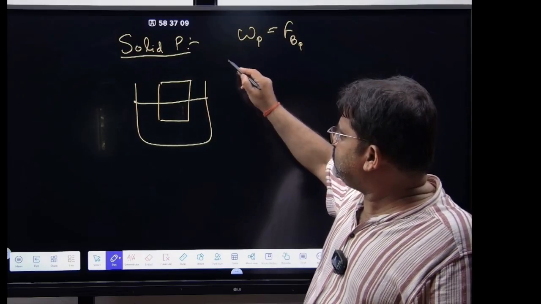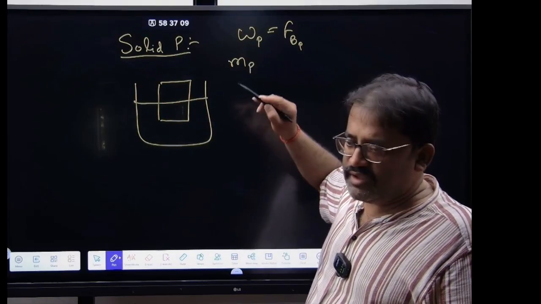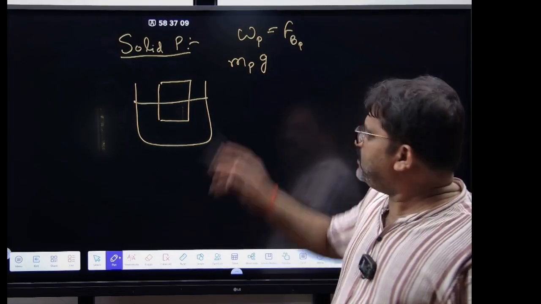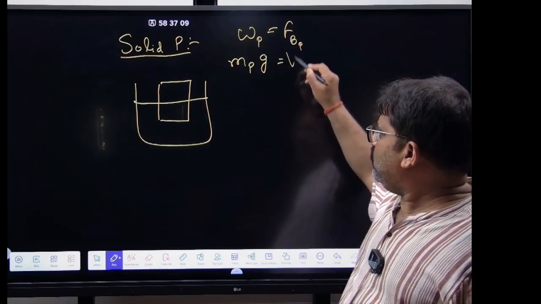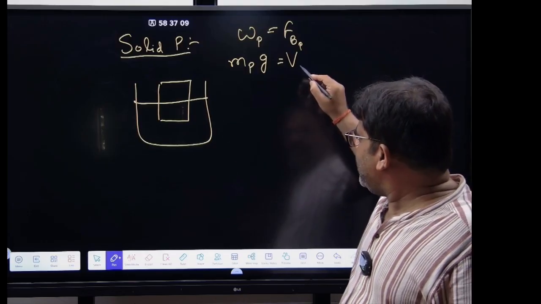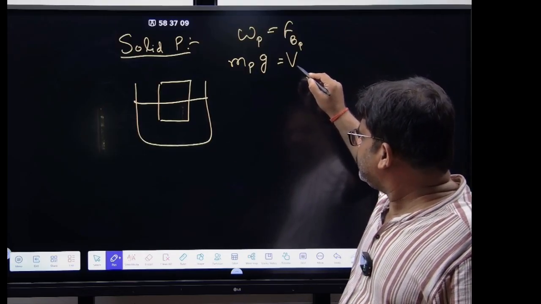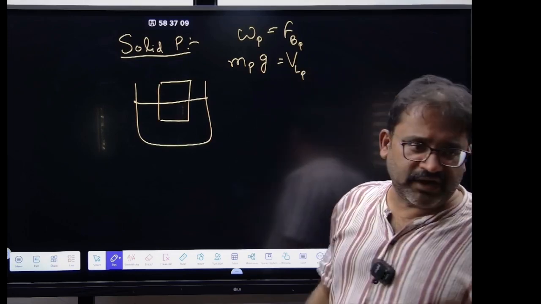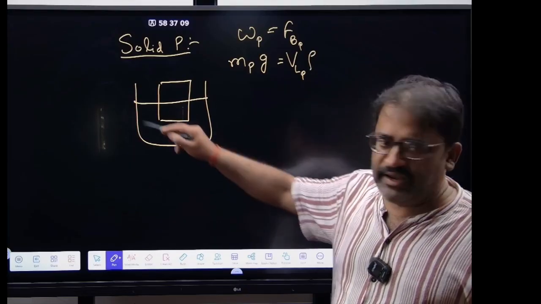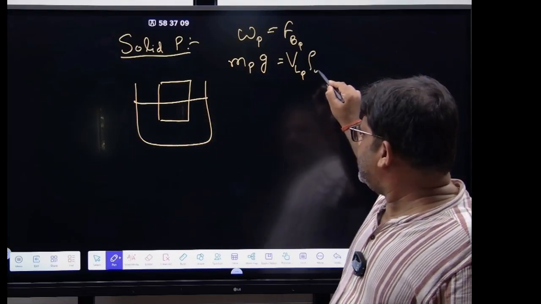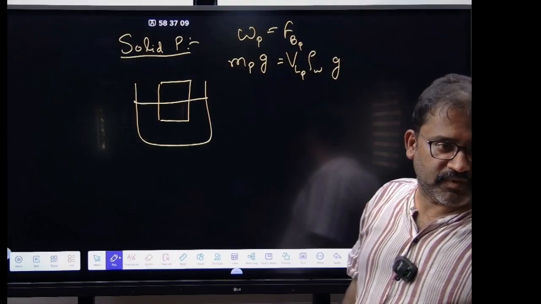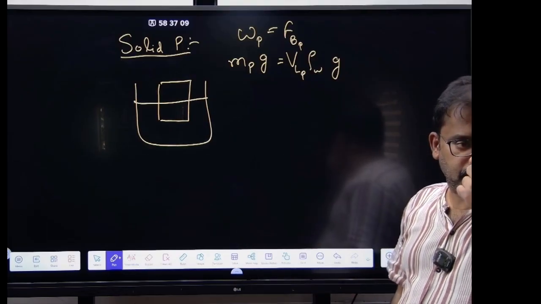Now the weight of P is nothing but mass of P into acceleration due to gravity. And the upthrust is given by the volume of the solid present inside the liquid, which I will call VLP, into the density of the liquid, rho W, into G. Can we cancel anything off here?